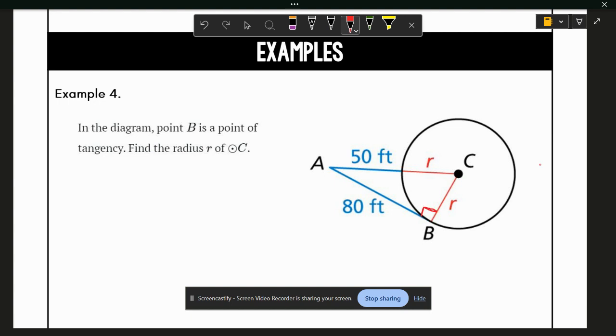So we use a squared plus b squared equals c squared, but include the r. It becomes r squared plus 80 squared equals r plus 50 squared, because this is the whole entire line. That's what gives us the r plus 50.